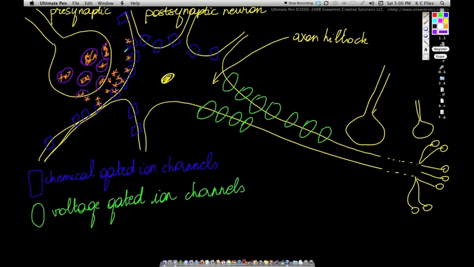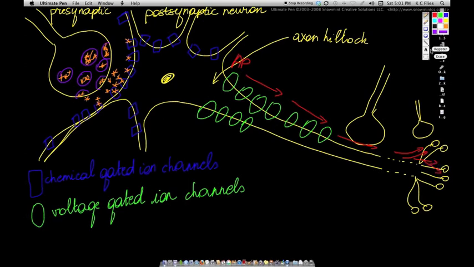Typically, there aren't any, or not many, voltage-gated channels in any of the dendrites or along the cell membrane of the cell body, so that we will not see action potentials firing and propagating in the dendrites and the cell body. So the action potential is going to start at the level of the axon hillock, typically, and then it'll propagate, and we will learn what that means today, all along the cell membrane of our axon, all the way to the various axonal terminals.